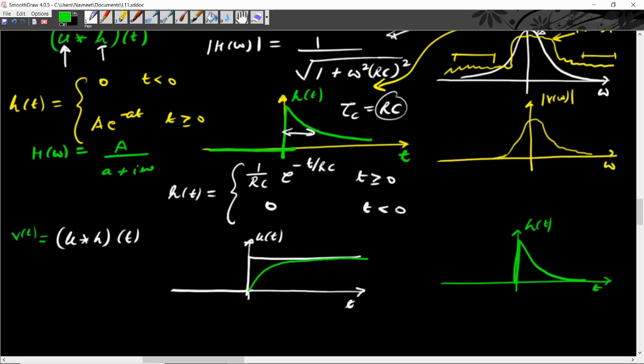So clearly, if we perform convolution of this step signal with sharp jump at t equals to 0 with this exponentially decaying pulse, we'll get rid of this sharp edge and we have a smoother or a gradual increase in the output signal V of t.